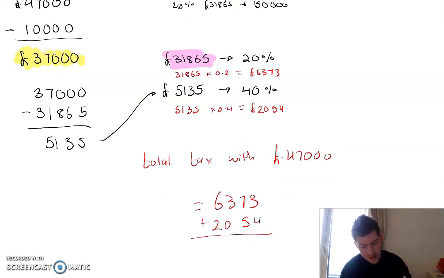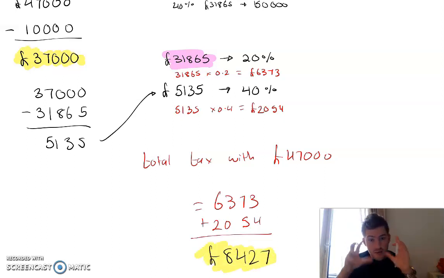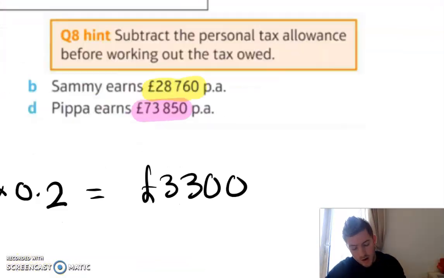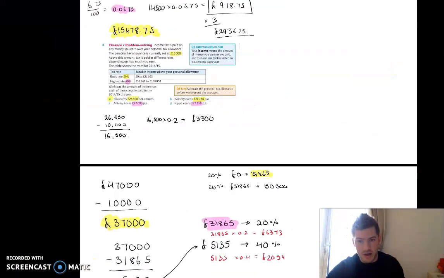Total tax is £8,427, and there you go. So you have a definitely tricky problem, but I hope that helps, and then you can go and tackle question D now if you're stuck.